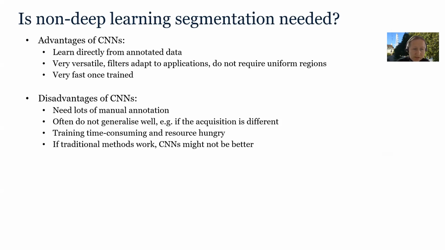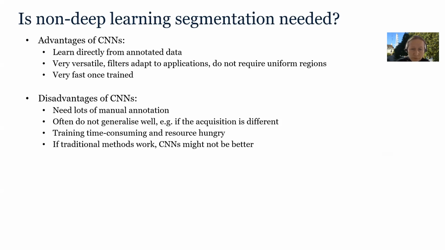Secondly, they don't necessarily generalize well to other data sets, for example if there is a change in acquisition, which results in a change in the contrast. This is because CNNs will learn filters that are adapted particularly to the training data set. So it's really tailored features, and these features might not be applicable to a different contrast.